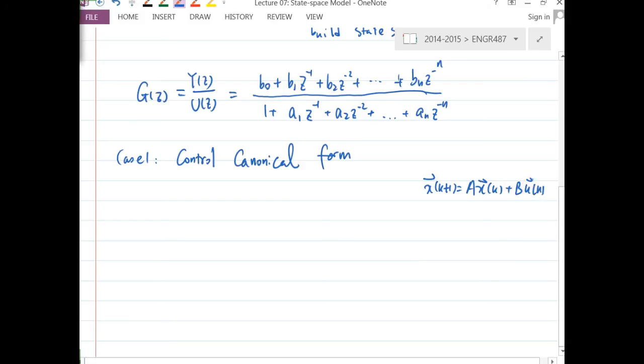It's all about the format of this matrix A. We'll see two common ones: control canonical and observable canonical, and there are also diagonal formats, maybe Jordan diagonal format, or maybe just an arbitrary general format. So let's look at an example.